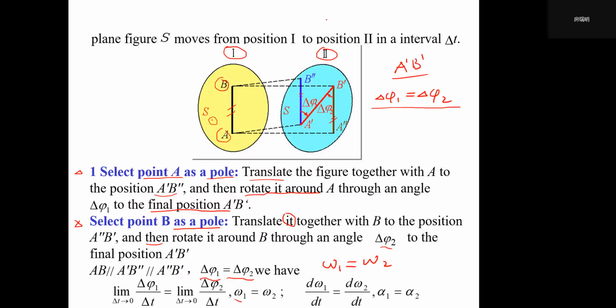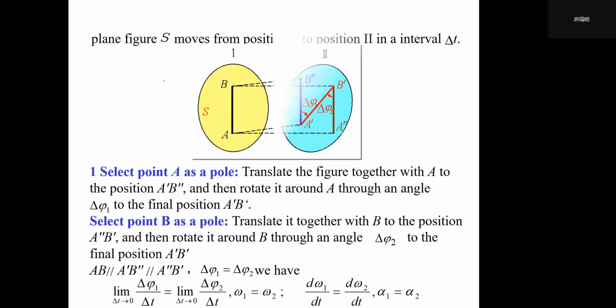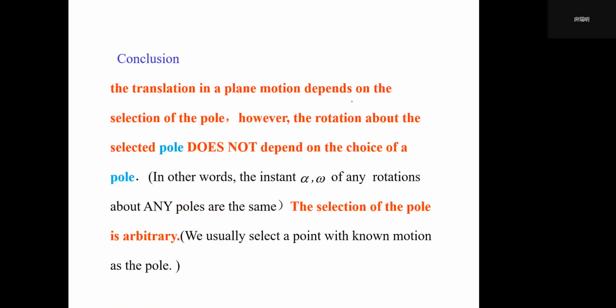So let's do a short summary. We conclude that translation in plane motion depends on the selection of the pole. However, the rotation about the selected pole does not depend on the choice of pole.